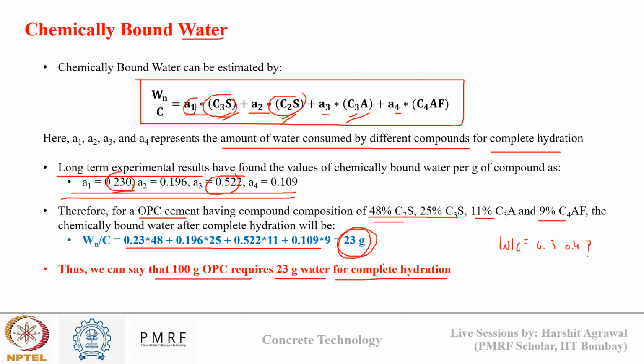So that's why you keep a little higher W/C ratio, which provides the workability. However, in reality, the amount of water actually contributing to hydration will be only 23 grams per 100 grams of OPC. Okay, so this is the importance of chemically bound water.